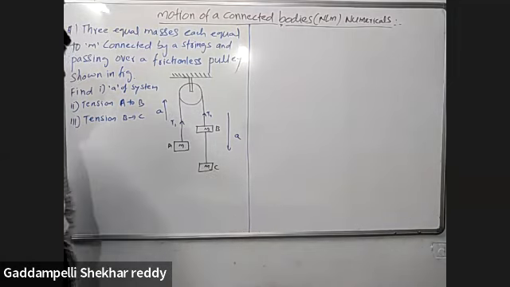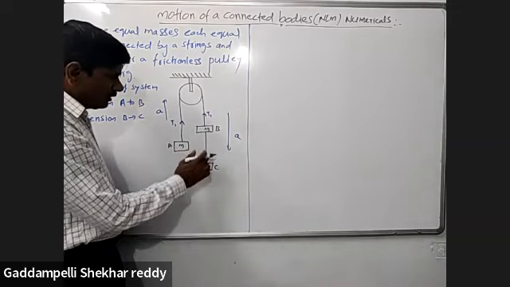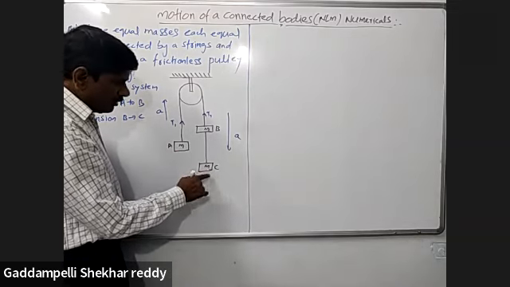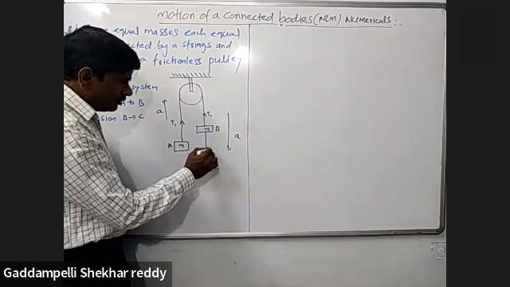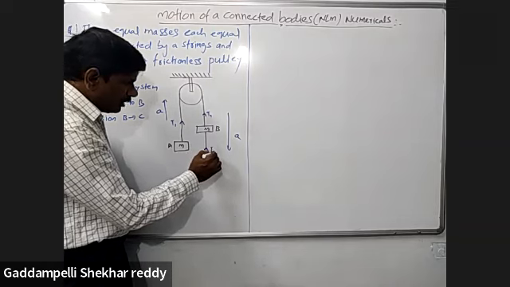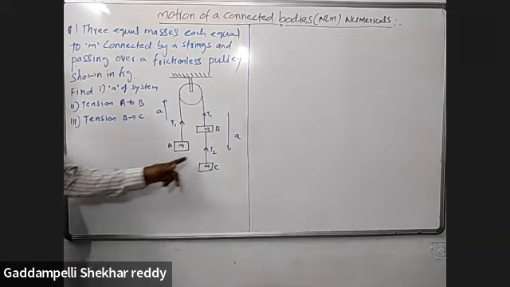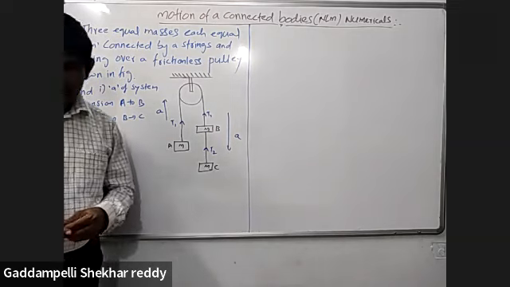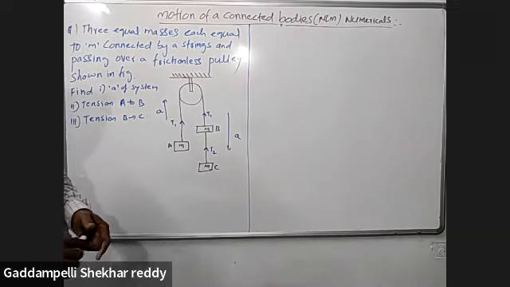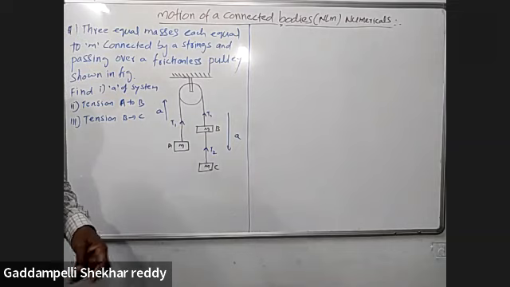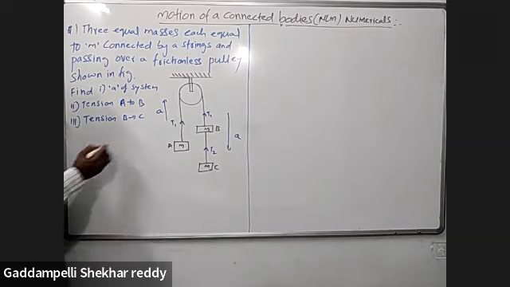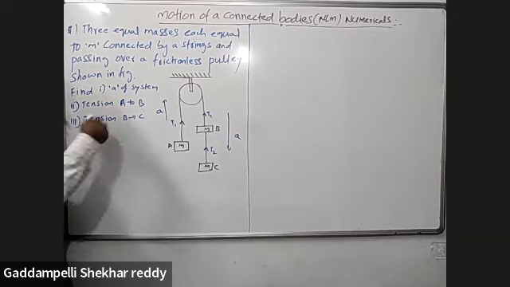Next, the string changes: the tension between B and C is T2, upward on mass C, with acceleration downward. Here we are asked the acceleration, tension A to B, and tension B to C. First we will find the acceleration of the system. For that, we will initially draw the free body diagrams for all three bodies.